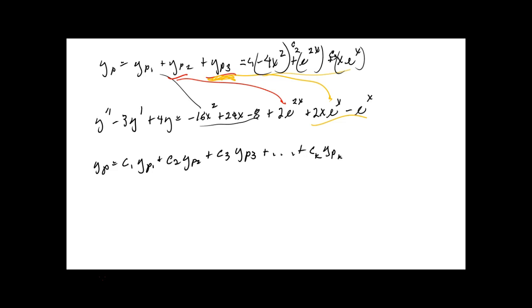This is terms with e to the 2x in them. Can't mix those with those. These are terms with e to the x in them, so you can put those together. Okay? And if you can come up with a particular solution that works for this one, that works for that one, works for those independently, then any linear combination of those three, or any others that you have, up to k of them, any linear combination will be your particular solution of that.